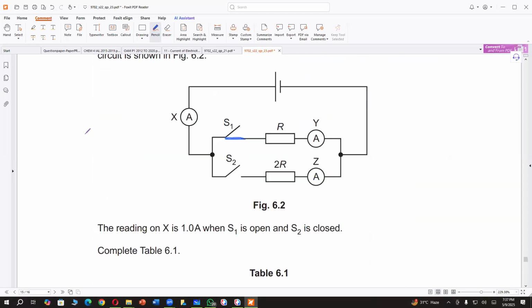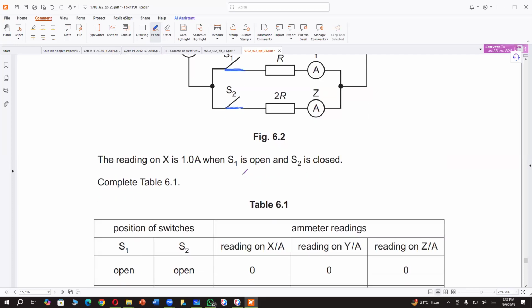Now close both the switches. The two resistors, one is R, one is 2R. Less resistance means more current.